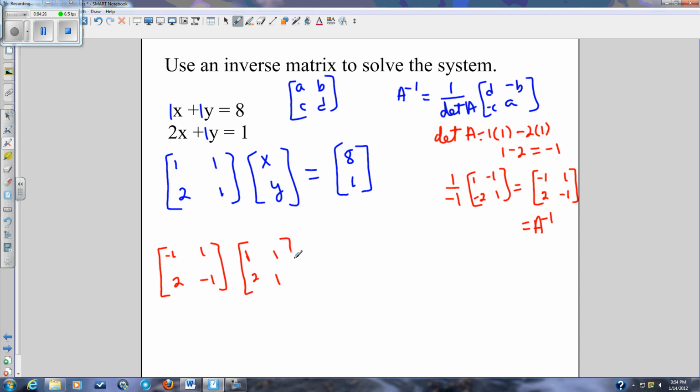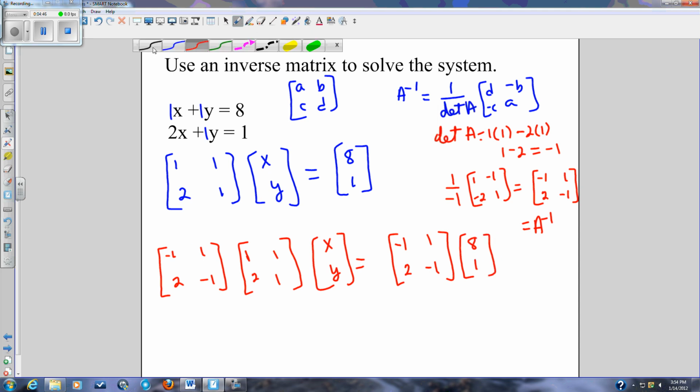There we go. We still have our variable matrix. And now we also need to multiply the other side by that inverse. Now the neat thing that happens whenever you multiply by an inverse matrix is they cancel out. So we're left with just the variable matrix.